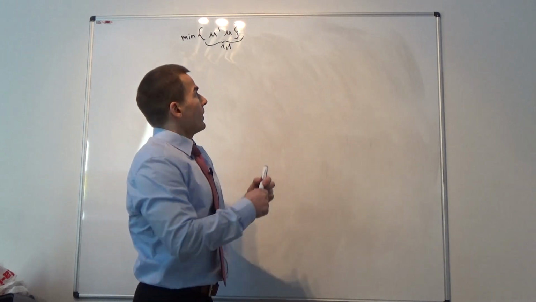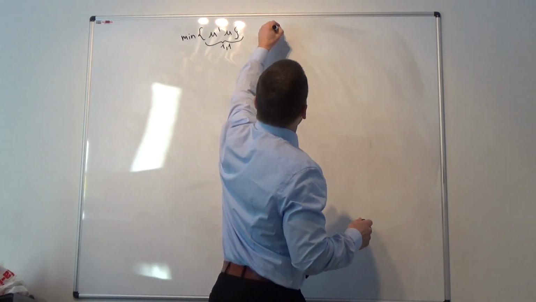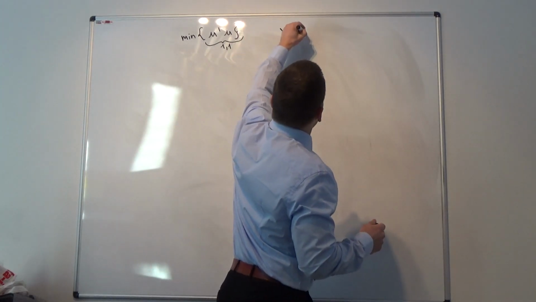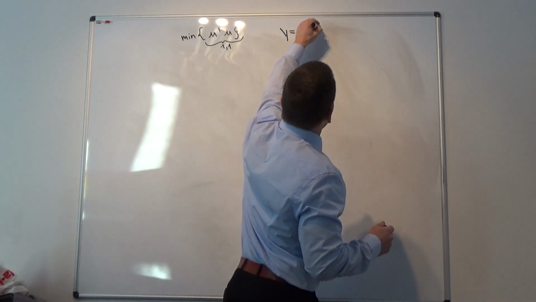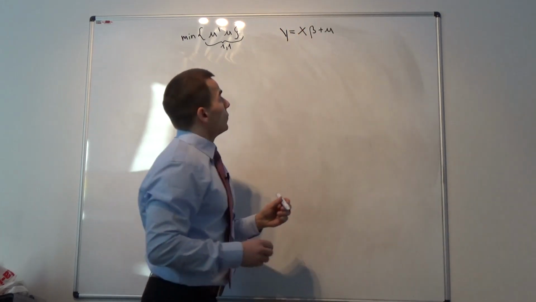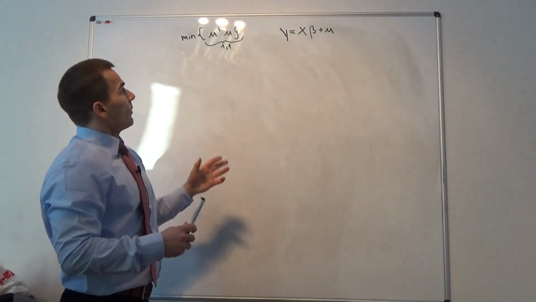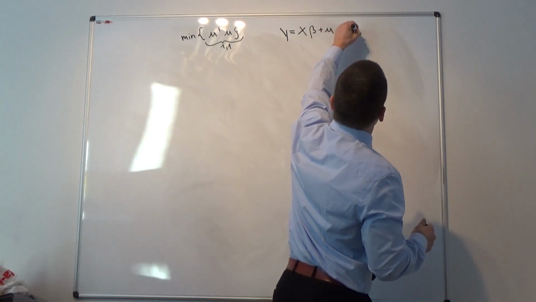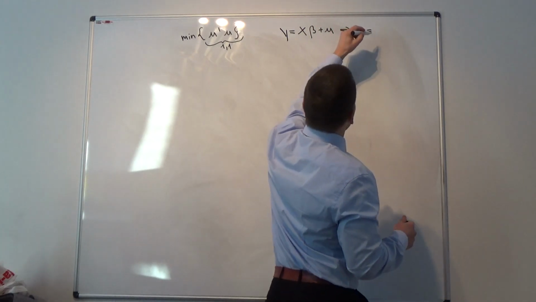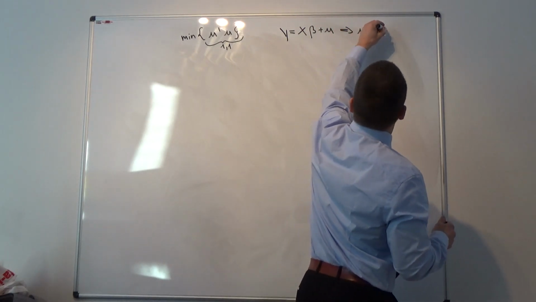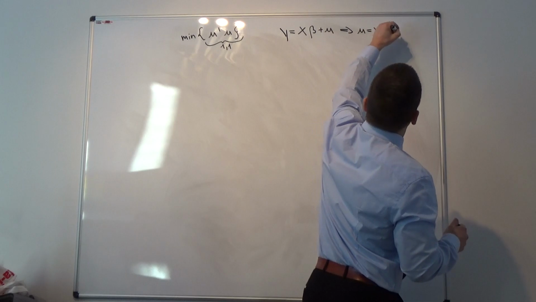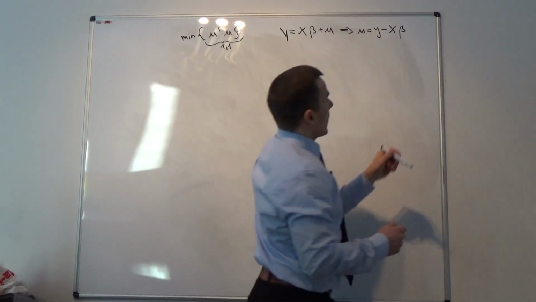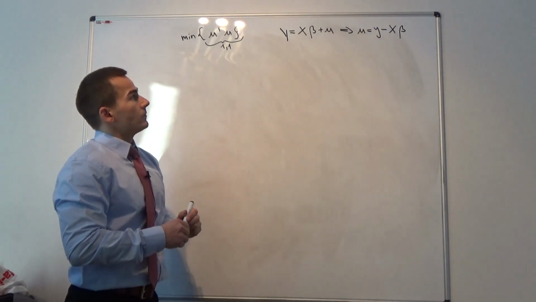So we know that our model is y equals X times beta plus u. Knowing this, it follows that our vector u is simply given by y minus our regression matrix times the beta vector.